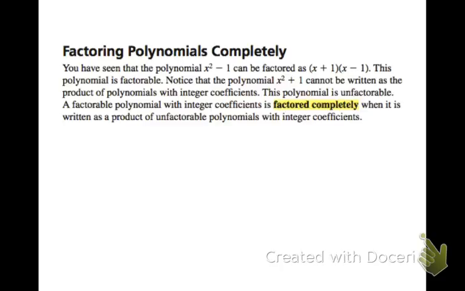Okay, so what it means to factor something completely, and I think this might have been where the confusion was coming in a little bit with our 7.6. We would say that a polynomial is not factored completely if there is still some part of it that can be factored. So we need to take it down to its smallest parts, one way mathematically to describe it would be like its prime factors in a way.